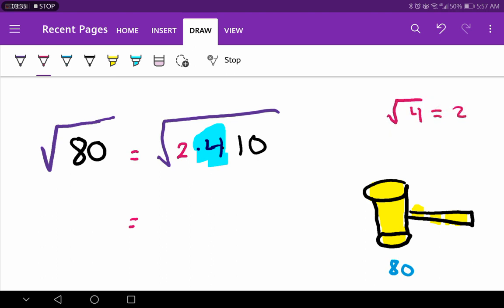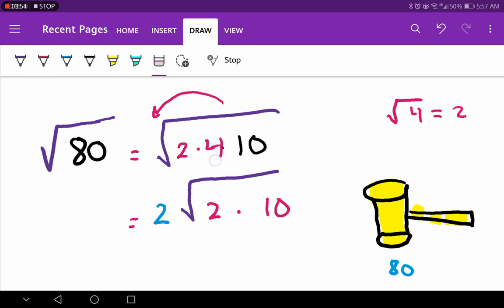So I can send it outside the radical and write 2 here, and the radicand will be 2 multiplied by 10. As you see, you have to eliminate the whole 4. Don't leave anything from the 4. Some students say, okay, 2 outside and 2 inside. Don't do that. I will hit you with my hammer. Good. Now this is the first one.